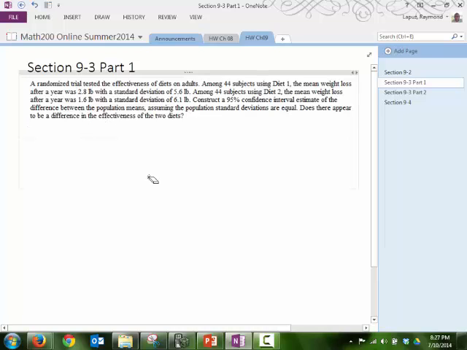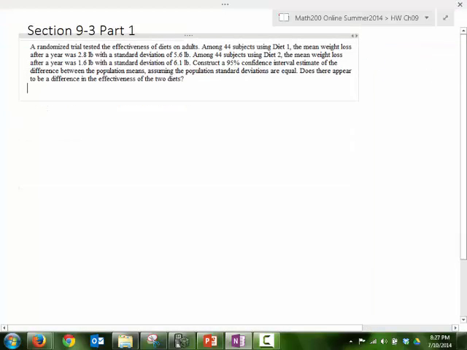So this question says a randomized trial. Oh, this is talking about a confidence interval. We'll do a confidence interval. We'll do a hypothesis test on a confidence interval.